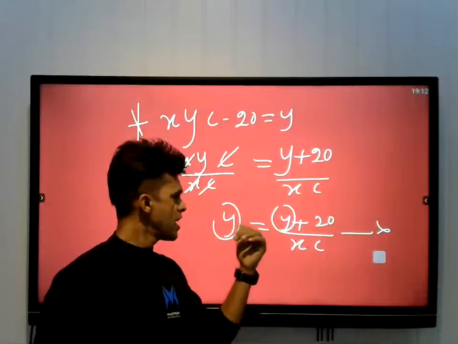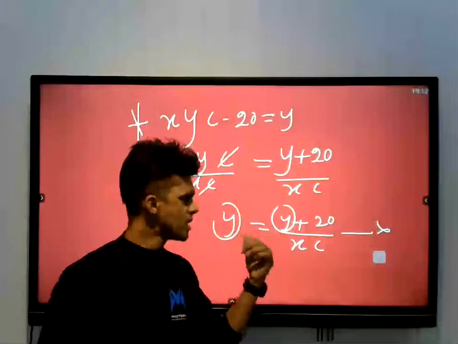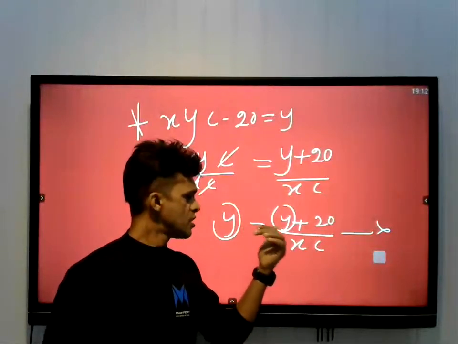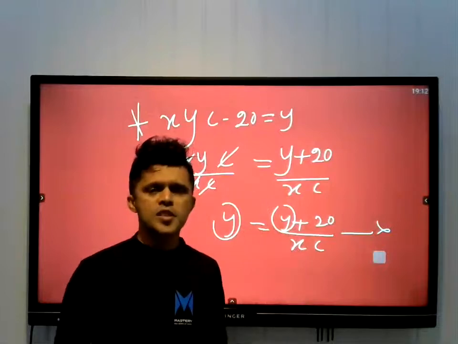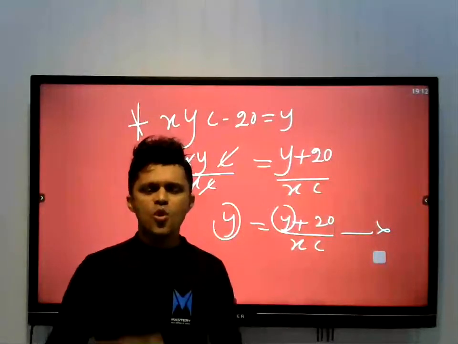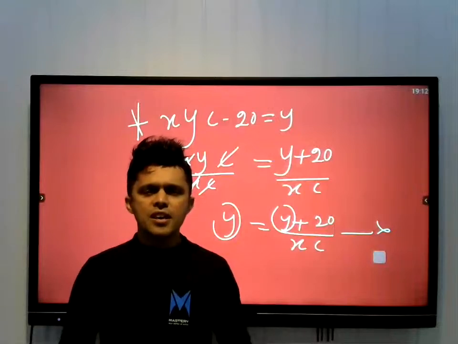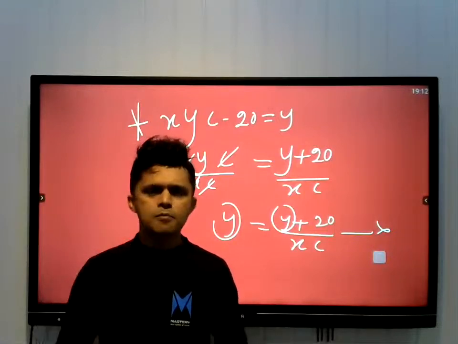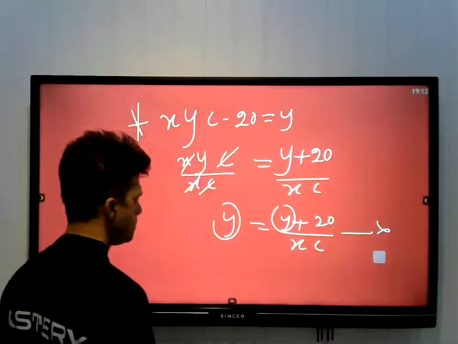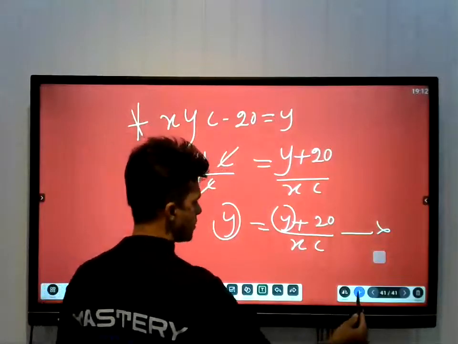When you write the term y as the subject, you could see that the term y can be seen in two places. That's wrong. This way of writing is wrong. Therefore, the correct way of writing the term y as the subject is the previously learned method. This one.